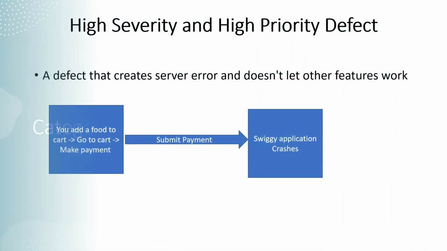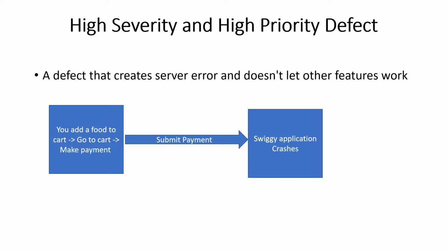So we'll see one by one. High severity and high priority defect: a defect that creates a server error and doesn't let other features work. I have said this to you. Wherever we get a server error and we are not able to proceed with the next functionality, those will always fall into high severity, and the priority will also be set as high, because we are not able to proceed with the next step for testing or performing some functional actions.